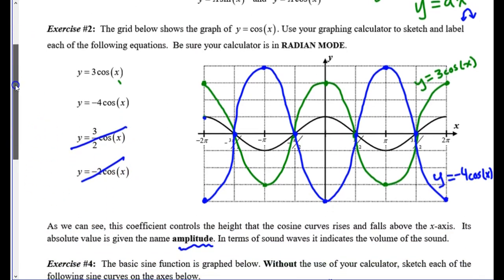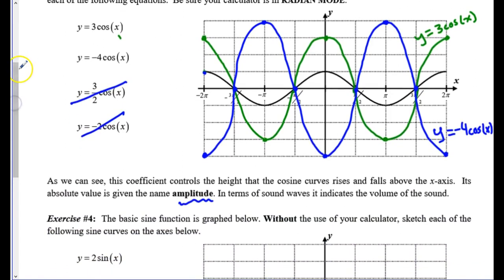Okay, so let's scroll down a little bit and get a key vocab word here. It says the coefficient controls the height that the cosine rises and falls above the x-axis. Its absolute value, meaning it doesn't matter if it's positive or negative, is given this name: amplitude. So in terms of sound waves, it indicates the volume of the sound.